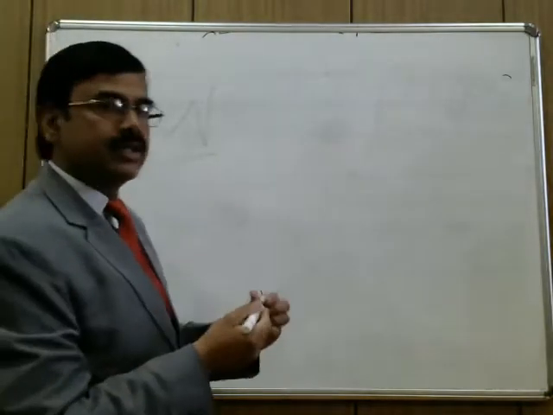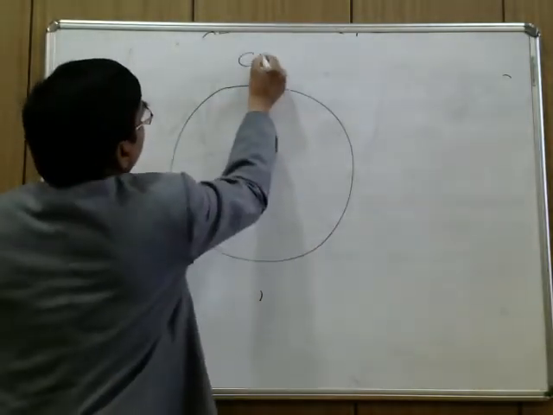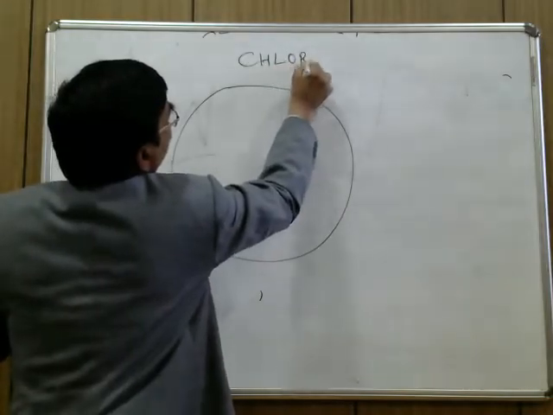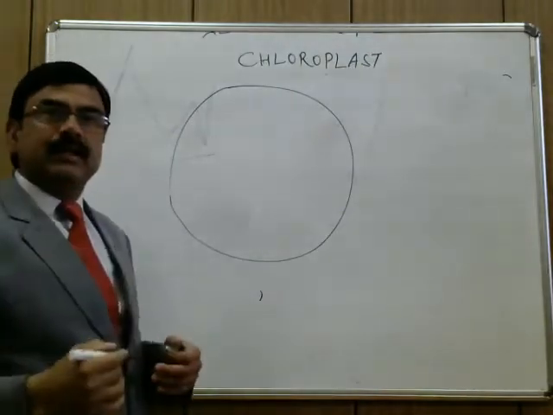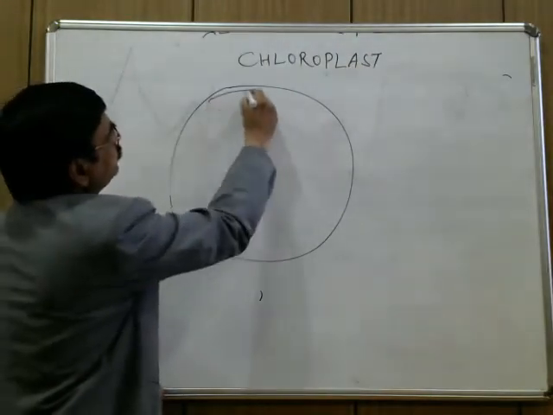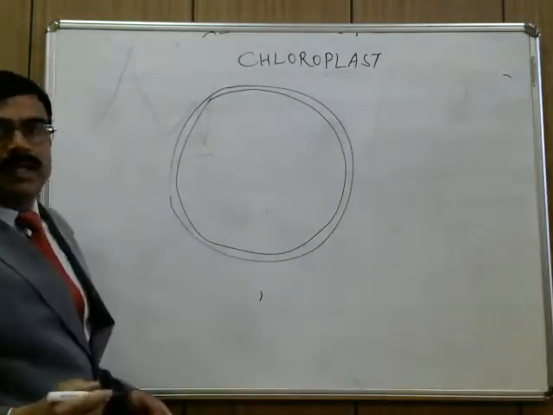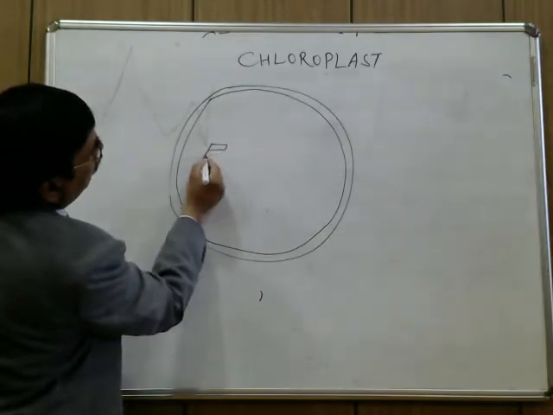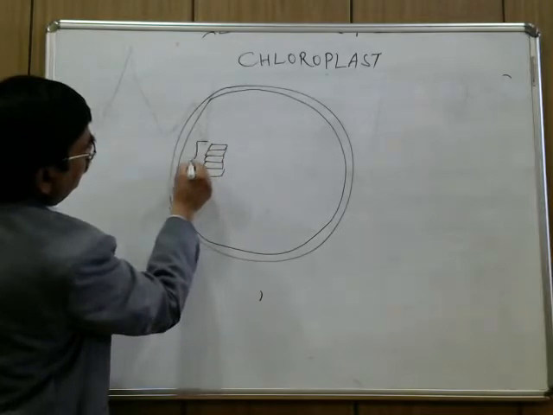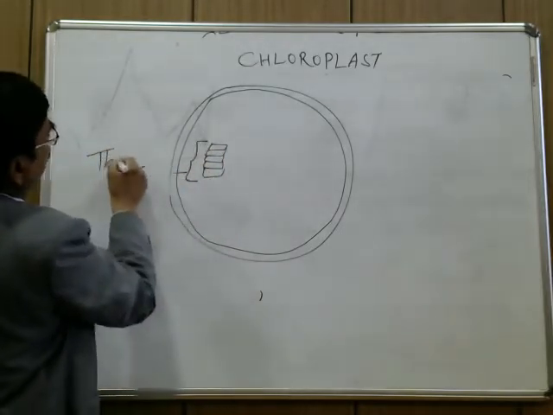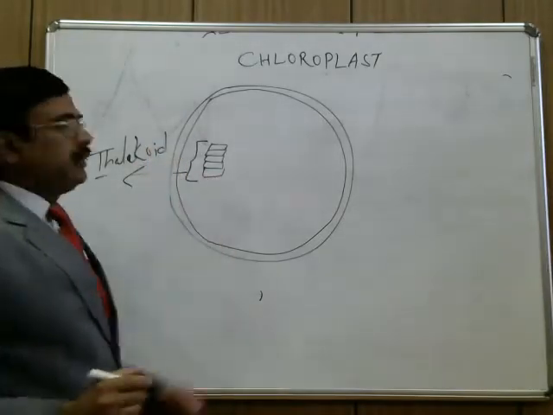When we draw the structure, a spherical structure is this, as far as the chloroplast, and you can easily understand these are thylakoids.